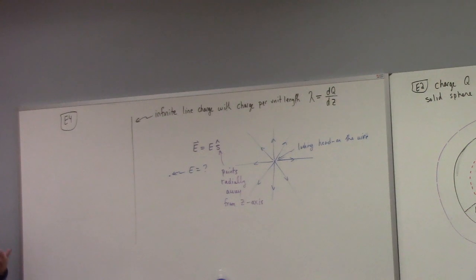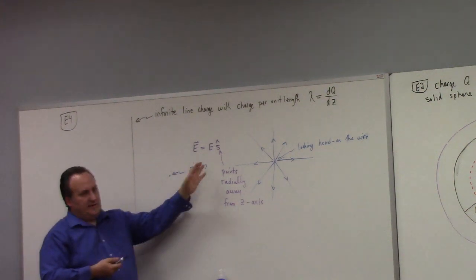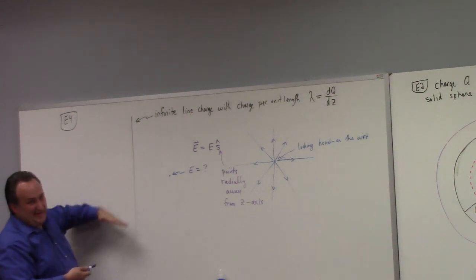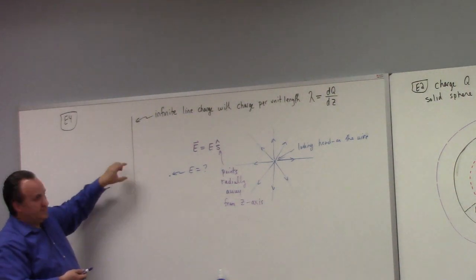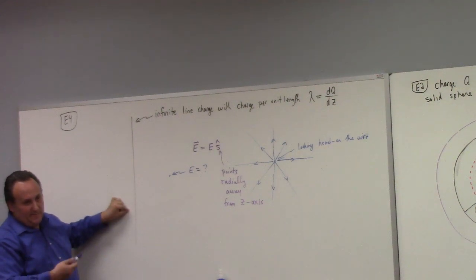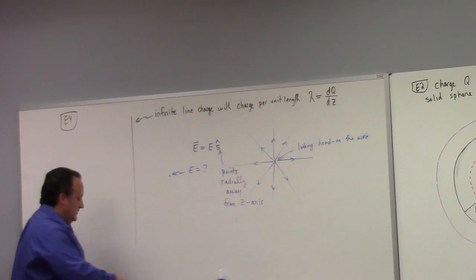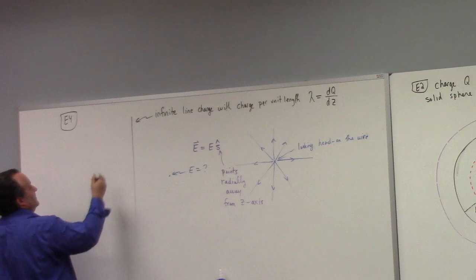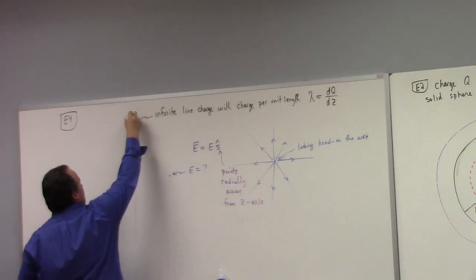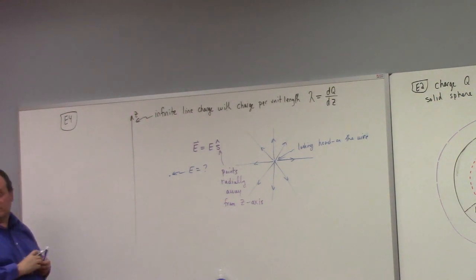I don't want to write things that you don't actually use. My point here mainly is that it can only have a radial dependence, right? Because it can't depend on z, because it's infinitely long. So there's no difference between, say, this point and that point. There cannot be a z dependence. To be clear, I'm putting this to be the z-axis, which is also where the charge is.